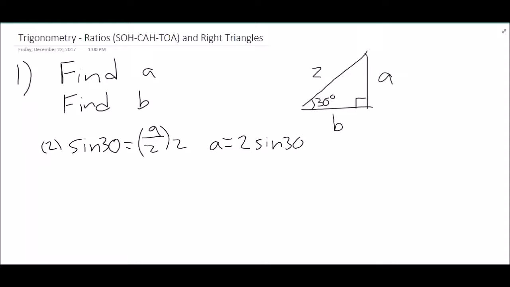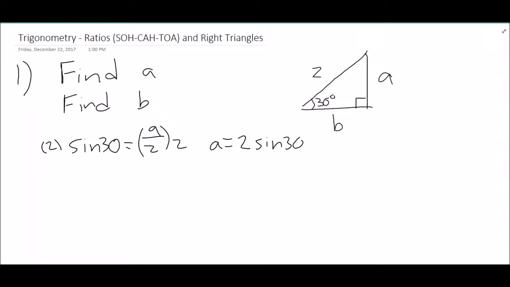Make sure that's in degree mode. I'm not sure if a scientific calculator is always in degrees, I haven't used one in forever, but make sure it's in degree, and if you don't know, double check online.